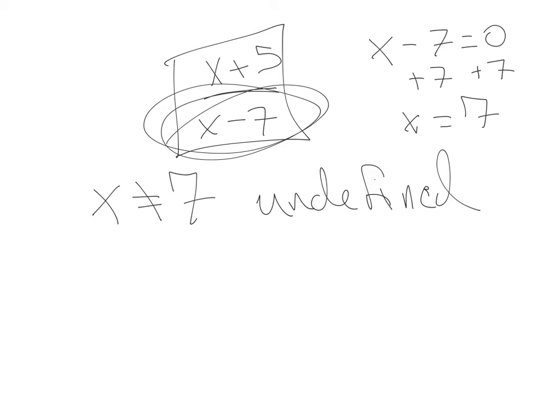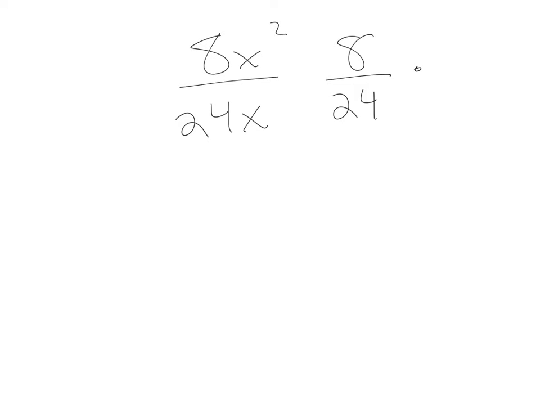You're going to also have to do some simplification in this section. And simplification happens around things like this: 8x squared over 24x. You want to see what are the things here that we can simplify. Well, you can look at this as two different expressions: 8 over 24 times x squared over x.